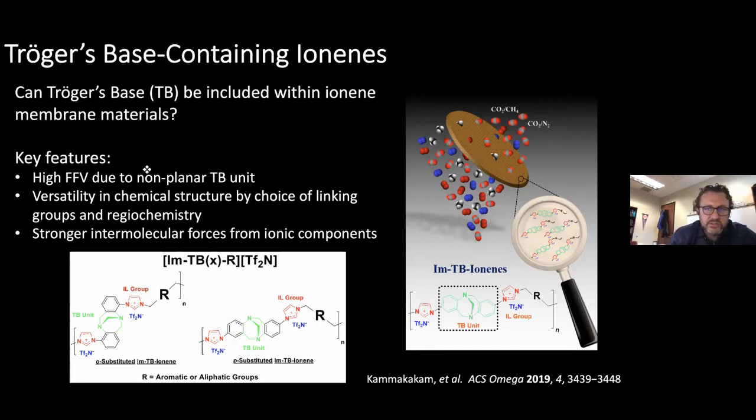It's thought that it will increase gas flux because it creates free volume, or what we call FFV, fractional free volume. And this is quite a versatile structure. Here you can see, even quite simply, we can do an ortho type of structure and a para type of structure. And so here we can make these ionenes that have Tröger's base in their backbone.